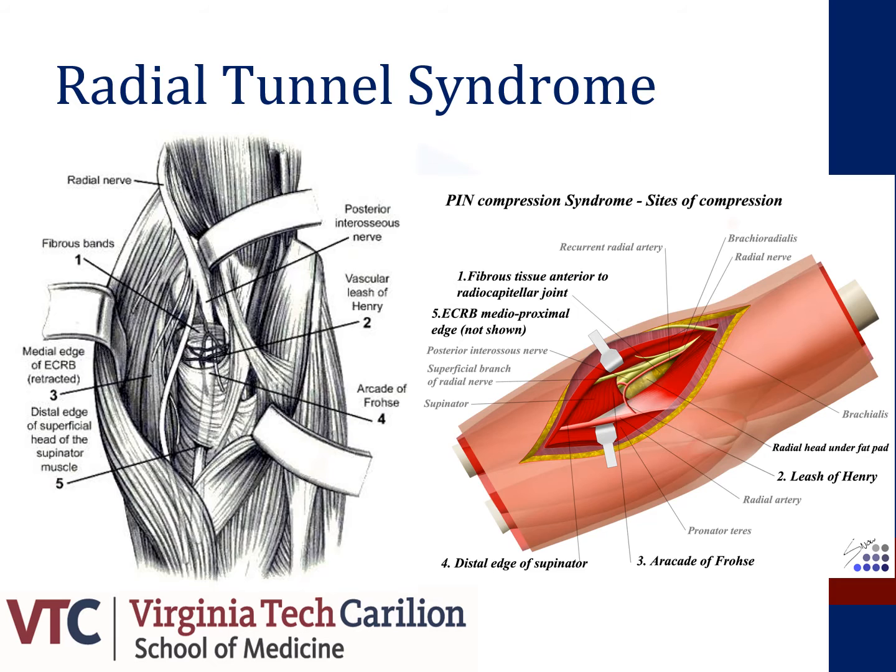When trying to distinguish different entities associated with the lateral aspect of the elbow, it is important when evaluating for radial tunnel syndrome to consider lateral epicondylitis. It is often difficult to distinguish the two, and they can coexist in up to 5% of patients.